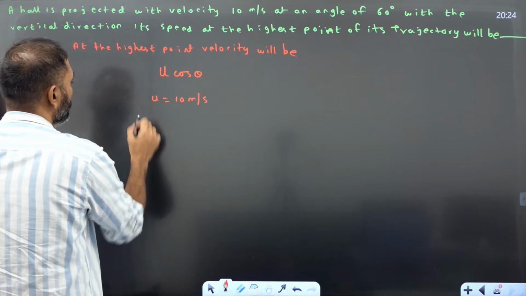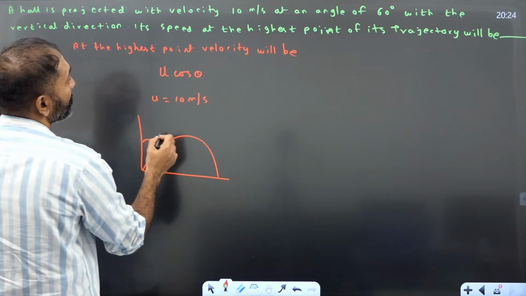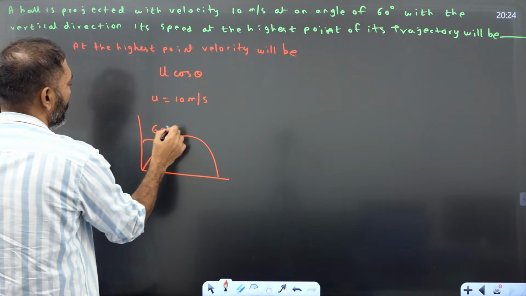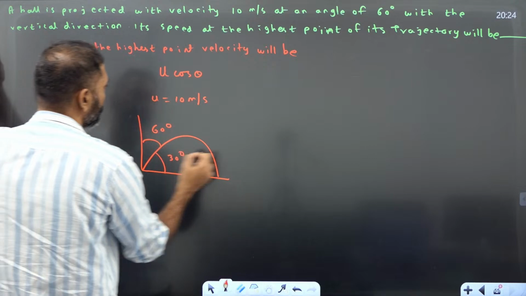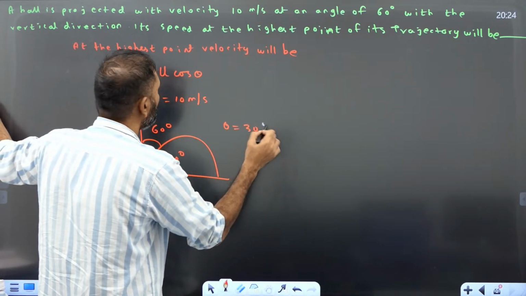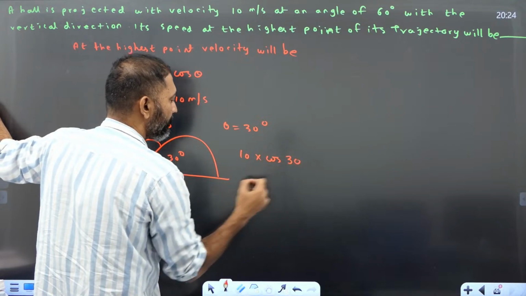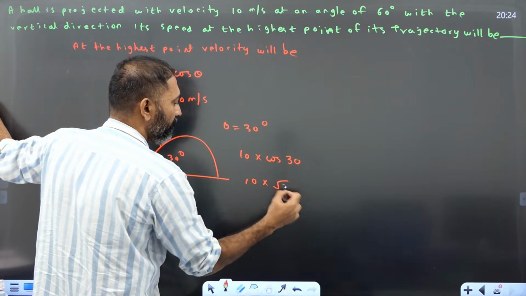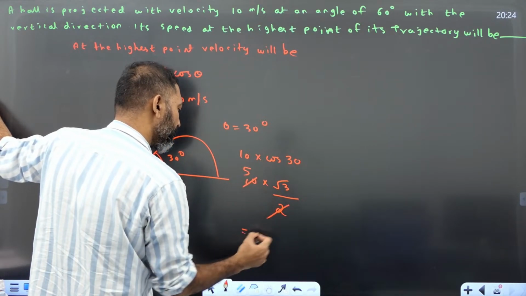What is theta? Angle with the vertical is 60 degree, so angle with the horizontal we have to take, that is 30 degree. So theta equal to 30 degree. So 10 into cos 30, that is 10 into √3/2, that is 5√3.